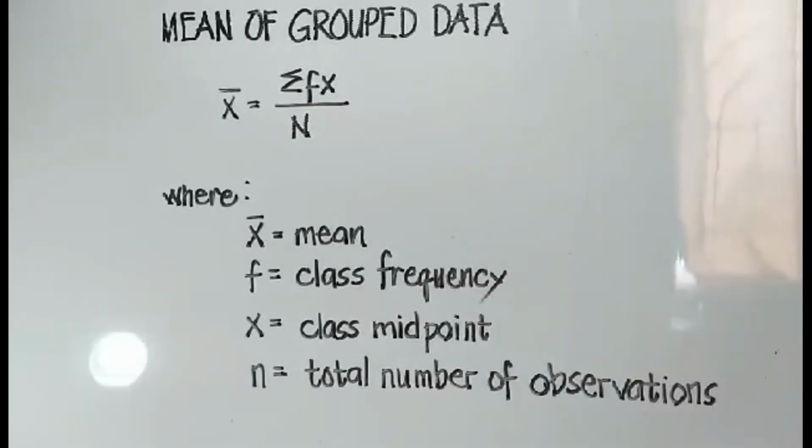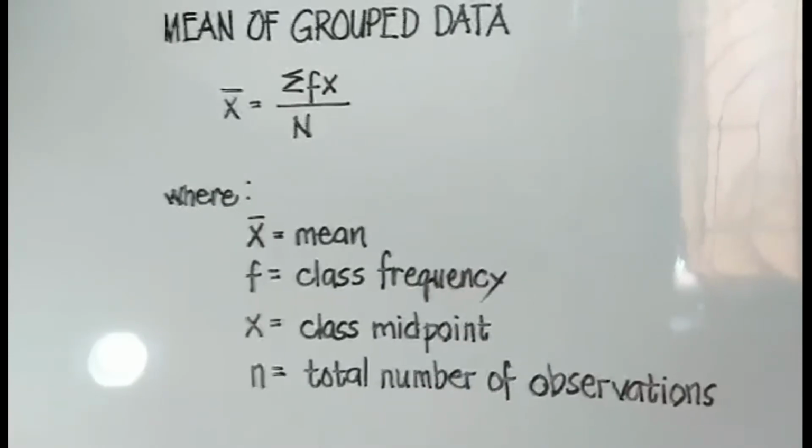Dito sa mean of group data, it is assumed that all the items in a particular class are evenly distributed throughout the class. Dapat, yung arithmetic mean niya would fall at the midpoint of the class. Ito ngayon yung formula na gagamitin natin.